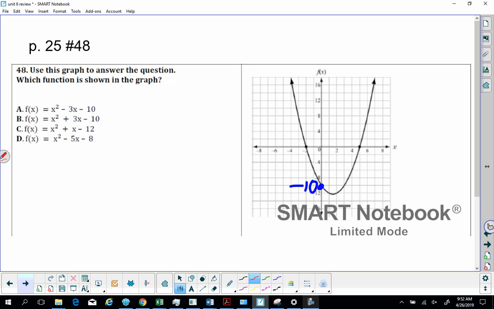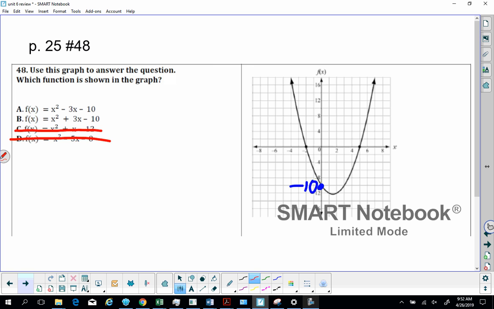Which answer choice does not have negative 10 in the place of the c? C and D. Miss Thompson, that's so weird because the constant in my linear equation is my y-intercept too. What? Whoa, crazy.